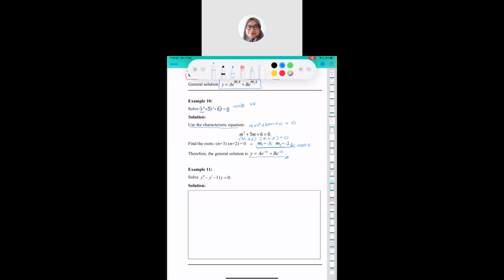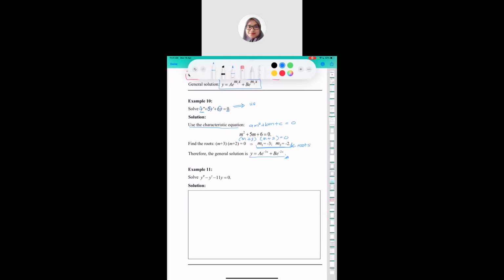Bagi kat saya apa you dapat dia punya roots. Okay, apa dia punya root?